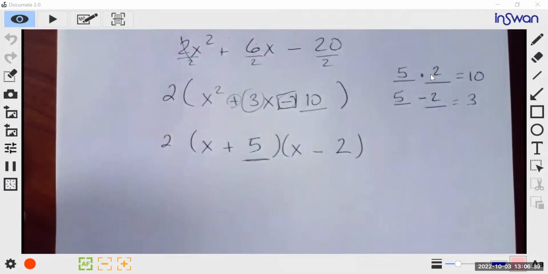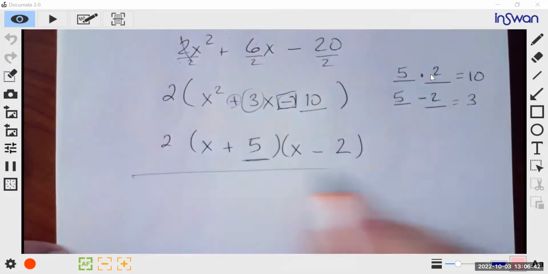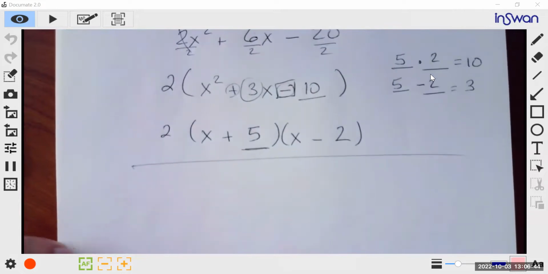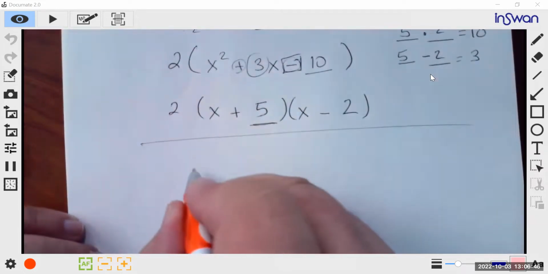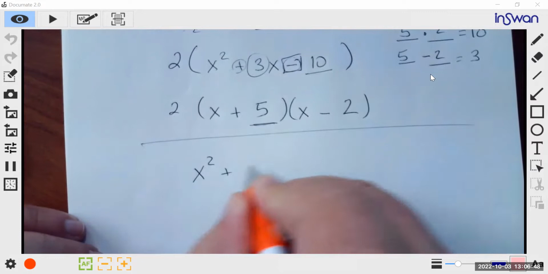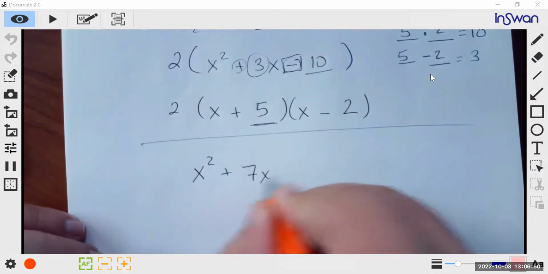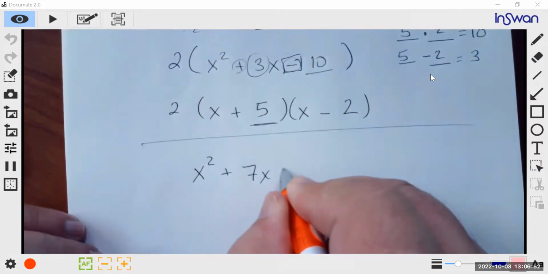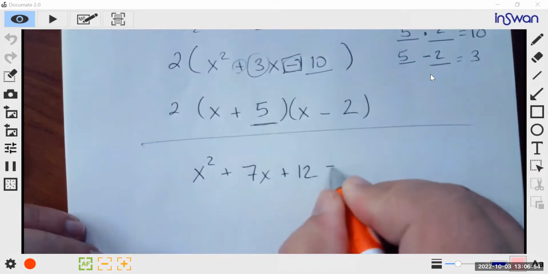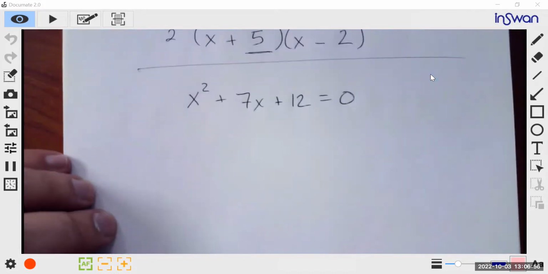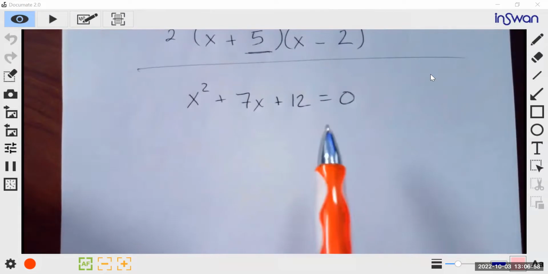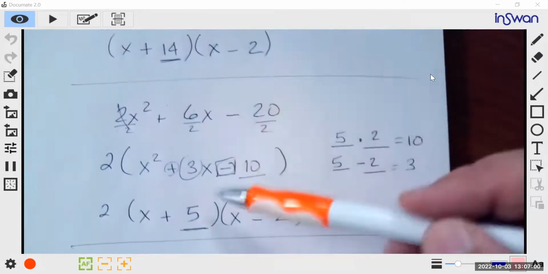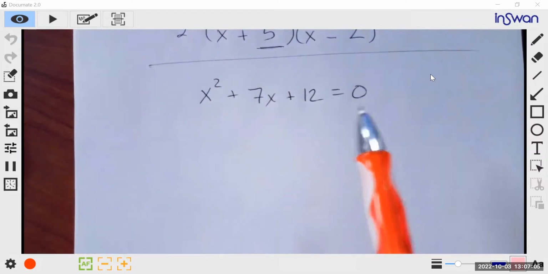So why do we do this kind of stuff? Because we need to solve them. Because now it's an equation. These were expressions. There's no equal sign. Now it's got an equal sign. So what does that tell us?